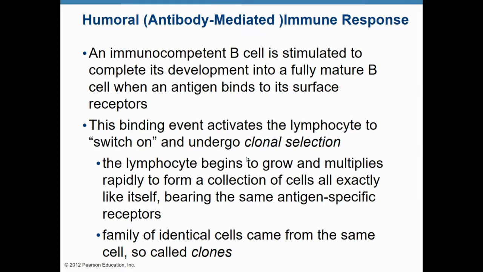And all that means is that specific B cell is going to divide and divide and divide and form an army of cells that all have the exact same receptor as that first cell that was activated, right? So we have this army of clones that is capable of responding to the antigen that set this entire process off. Each one of those daughter cells is a clone of the original B cell that was activated.